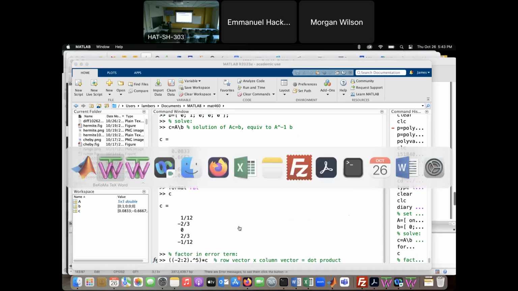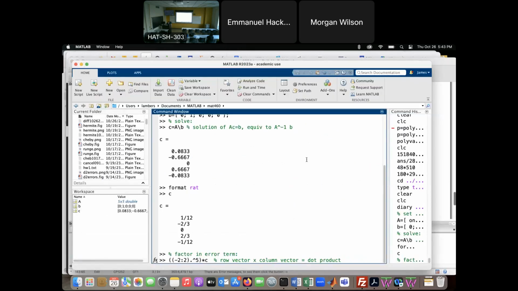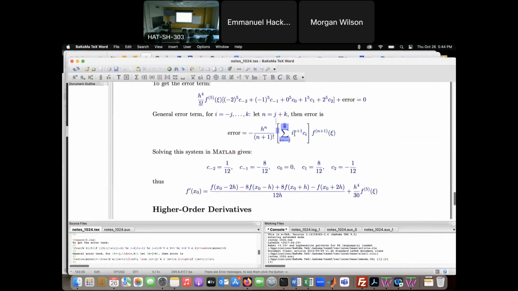That will give me this summation right here. And what I get when I do that in this case is minus 4.